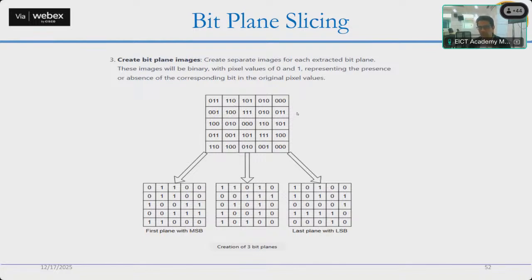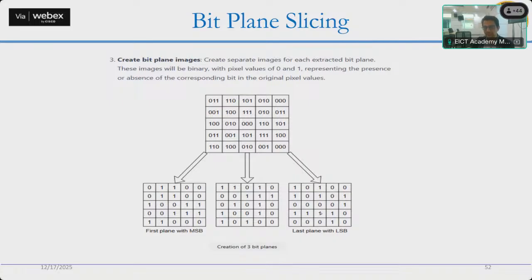For example, if maximum 3 bits are there, then maximum 3 planes are possible. If our pixel intensity is represented by 8 bits, then 8 planes are possible.